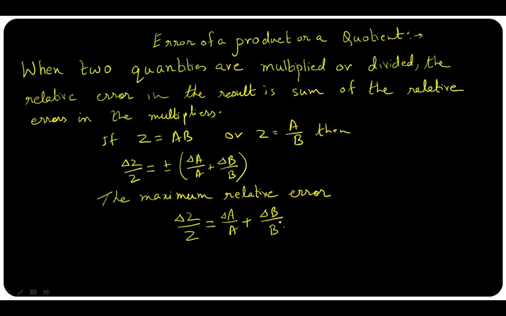So this is the error of a product or a quotient. So the maximum relative error del z by z equal to del a by a plus del b by b.